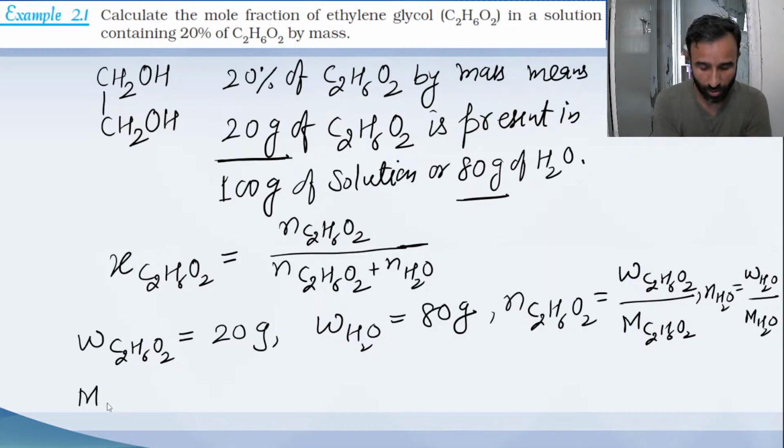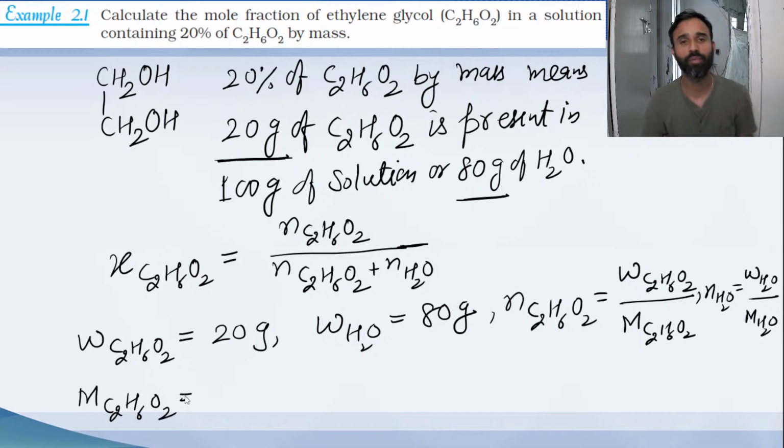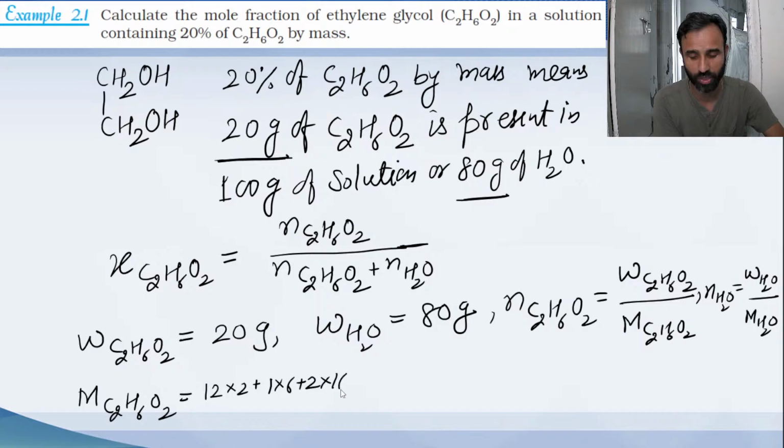So molar mass of ethylene glycol is, 12 into 2, 1 into 6, 2 into 16. Because you know atomic mass of carbon is 12, hydrogen is 1, and oxygen is 16.